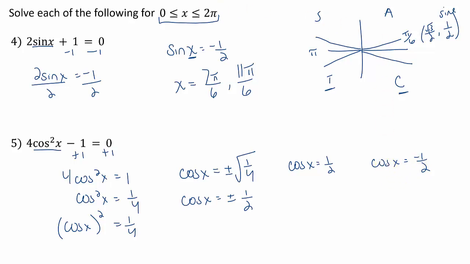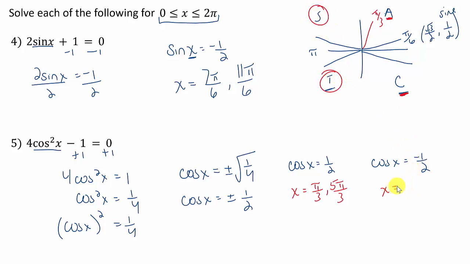And that's going to be my pi over 3 angle up here. So all pi over 3 angles. So my positive 1 would be here. So x would equal pi over 3. And then it would also be here because cosine is positive. And so that's going to be 5 pi over 3. And then to get my negative 1/2, I would be in these 2 quadrants.